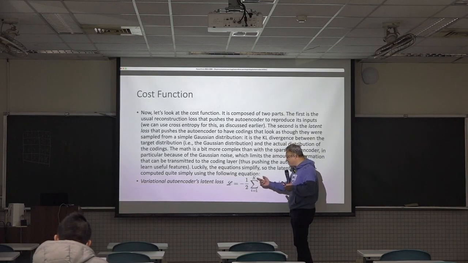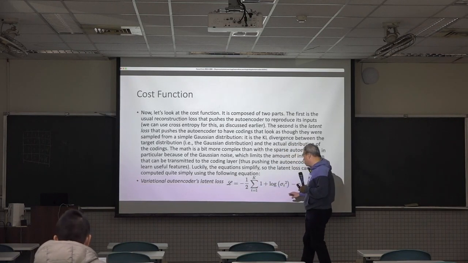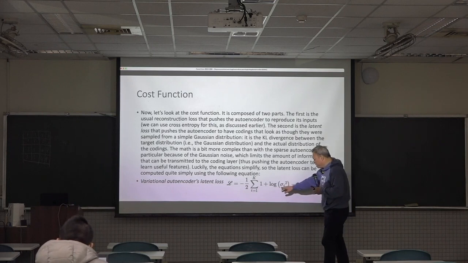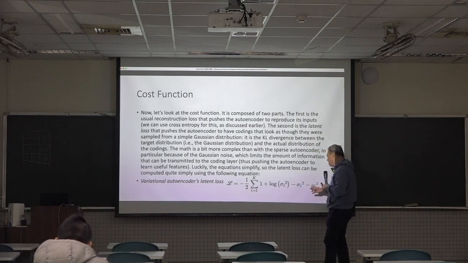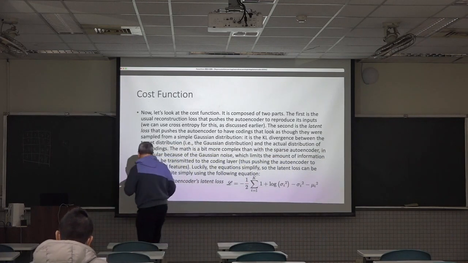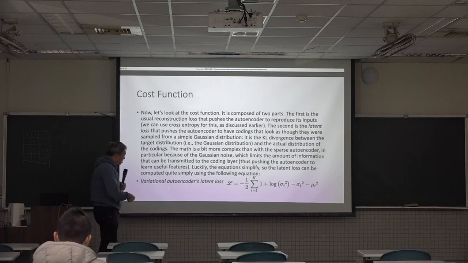Or you can say a number of instances. And the sigma i and the mu i are the standard deviation and average of each instance. So this constructs a variational autoencoder latent loss.